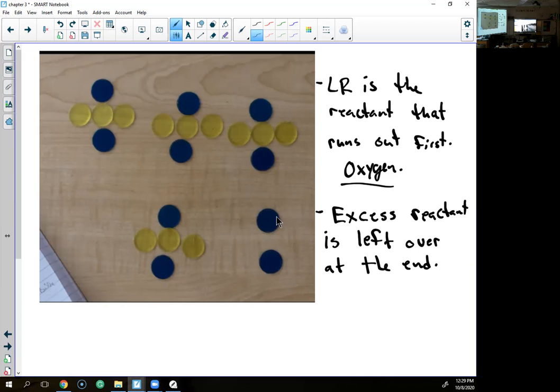Okay. Now, when we do limiting reactant problems, we will take our reactants and we will calculate how much product we can make, and we'll calculate how much of the excess there is left over.